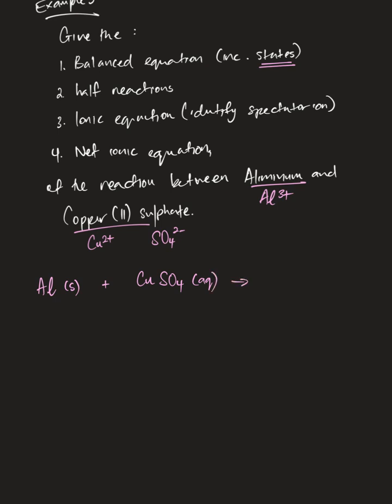Now this is the nice part: we've done single displacement reactions, so I know that my copper is going to be kicked out and my aluminium is going to take on the sulfate. But don't forget, aluminium and sulfate don't have the same charges, so they must switch their charges. So I'm left with Al2(SO4)3, which is aqueous.